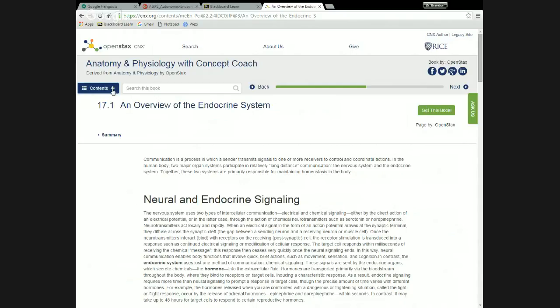A great go-to example of a hormone that most everybody's familiar with and will satisfy a lot of this kind of definition is insulin. Insulin is released from the pancreas and travels throughout the body.